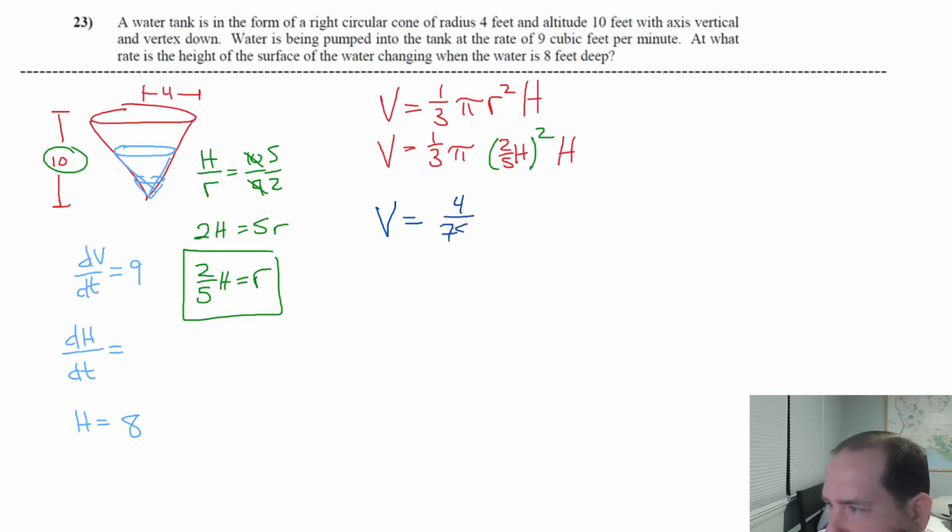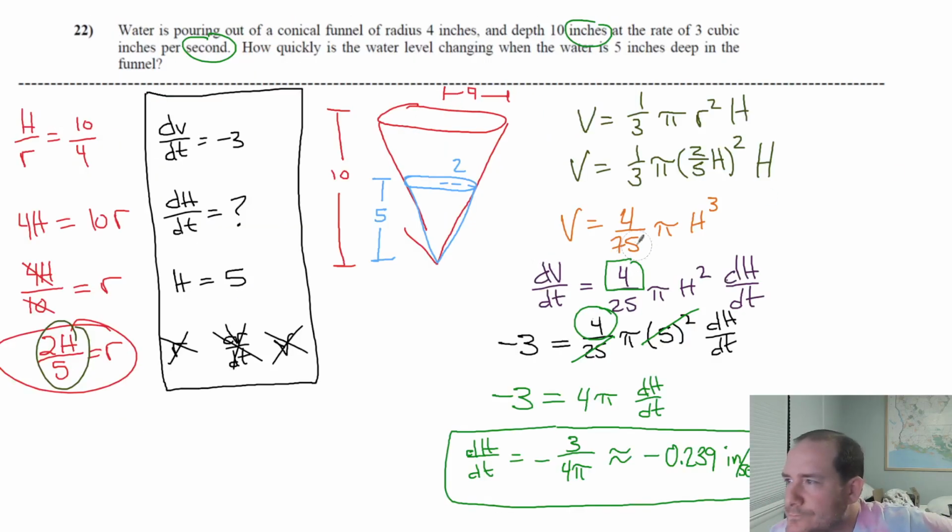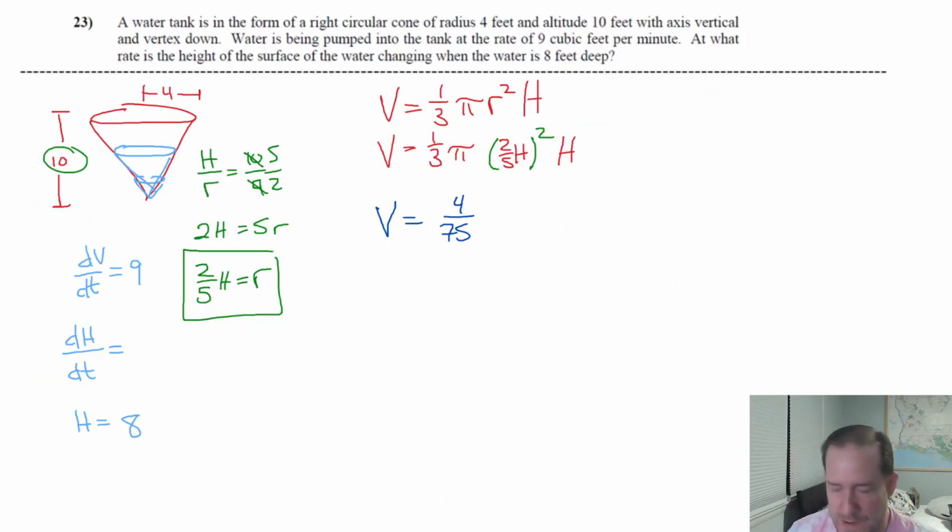Didn't we just have that? Yeah, we just had that. That's annoying, but whatever. Then we get a pi and then we get an h cubed. So again, just differentiate, substitute, get an answer.